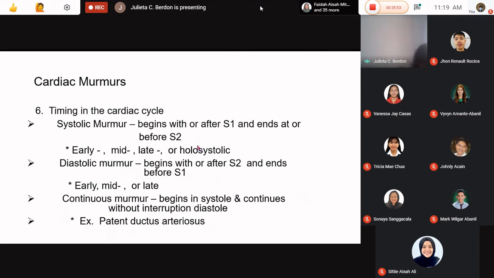But do not just memorize the examples I will give you. Try to recall the position of the valves during systole, and try to recall the position of the valves during diastole.